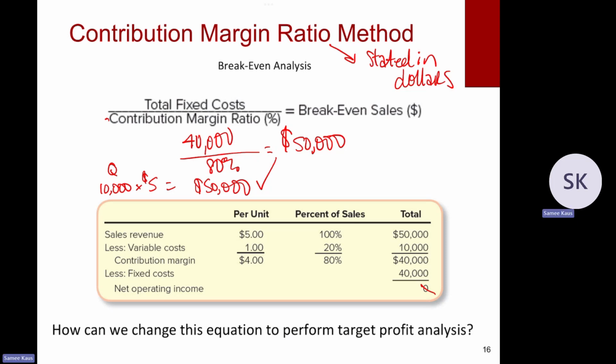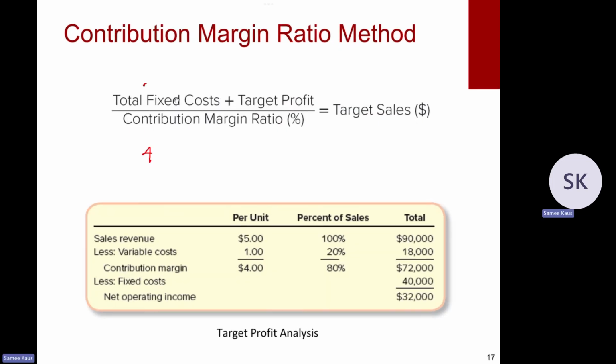So now again, let's not make this super hard. Let's think about how we can change this formula right here to perform a target profit analysis. In order to do that, all I need to do is add in my target profit right here. I still have 40,000 bucks in fixed costs I need to cover, but now I need to generate an additional 32,000 in my target profit. I haven't changed my contribution margin ratio at all, right?